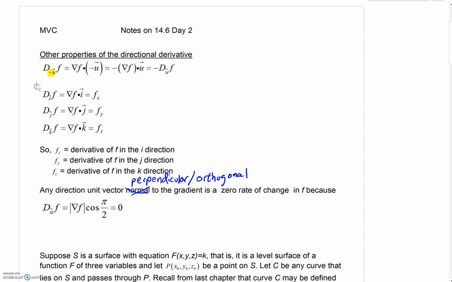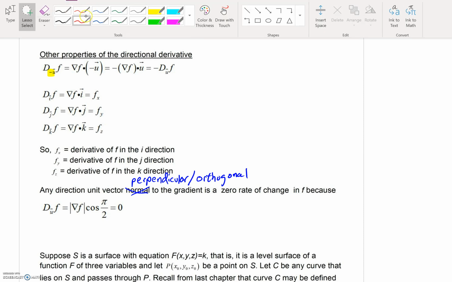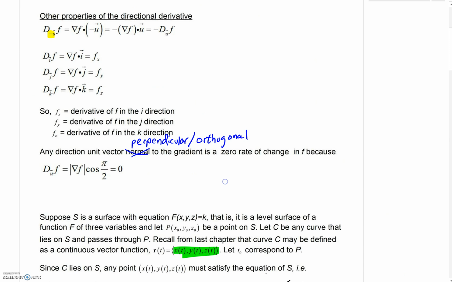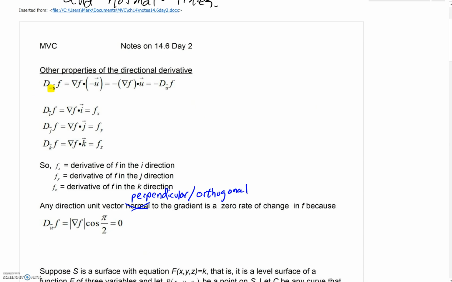Taking a look right here with our i, j, k unit vectors. i is the vector in the direction of the positive x-axis, j the positive y-axis, k the positive z-axis. Of course, all of those are unit vectors with a length of 1.